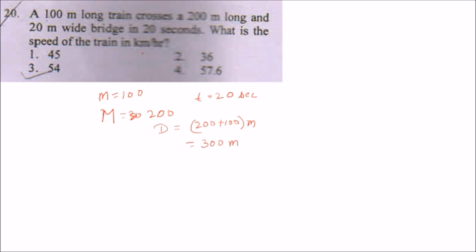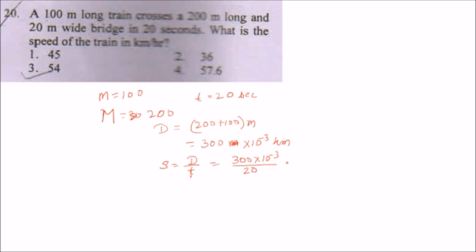But here we have to calculate kilometers per hour, so better express it in kilometers. So it will be 10 to the power minus 3 kilometer. Now we know that the formula is speed equals distance by time. Distance is here 300 into 10 to the power minus 3 kilometer, and time is 20 seconds.